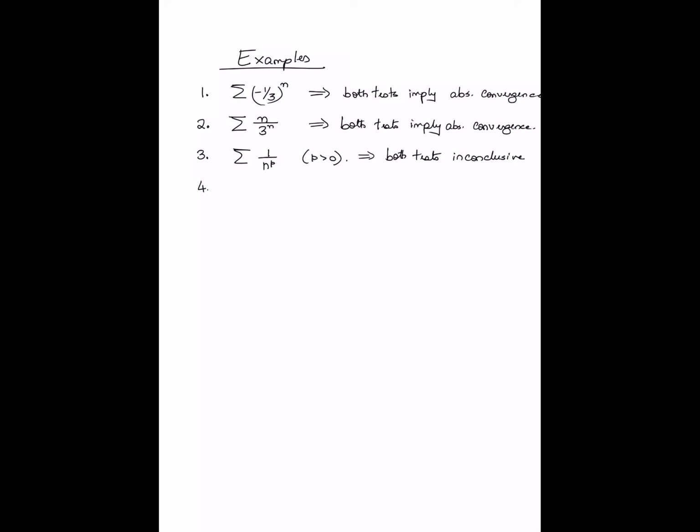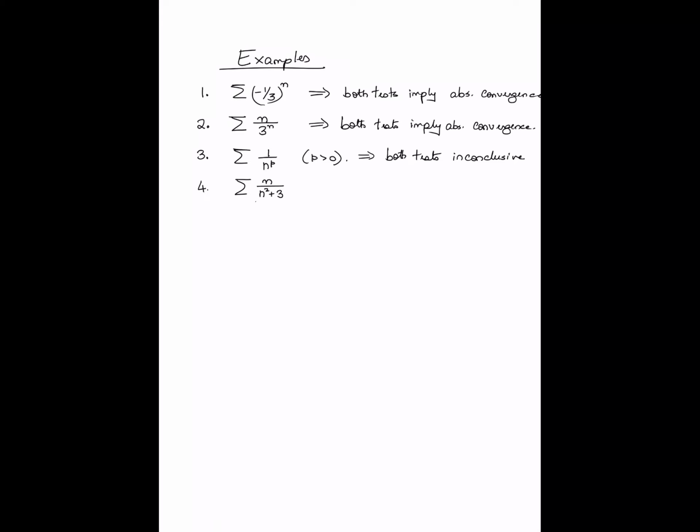Next, let's do one more example where in fact these tests are inconclusive, right? This is again motivated by the same example that I've done just before. Consider something like summation n divided by n^2 + 3. Consider a series like this. Now in this case, again both tests are inconclusive. Why?